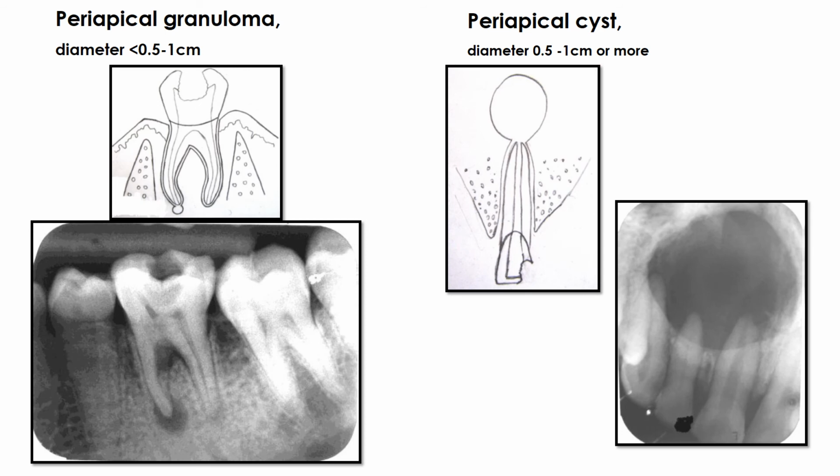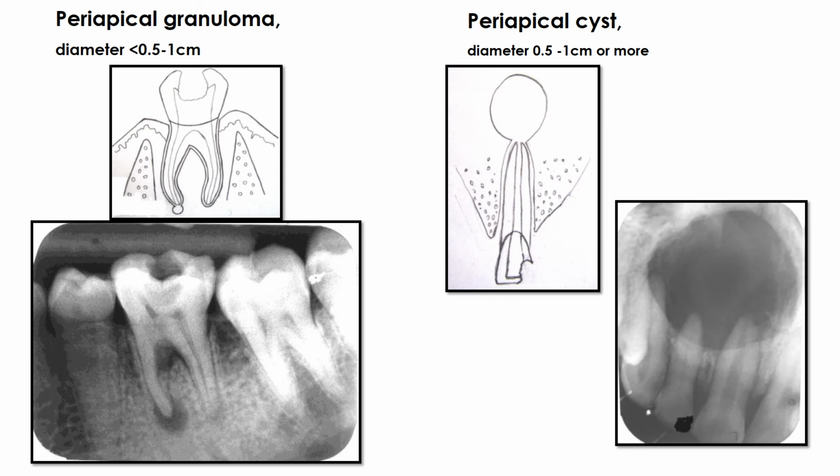So these are some radiographic appearances to help you understand that a granuloma is a very common periapical pathology, a well defined small radiolucency, less than 0.5 centimeters in size, attached to the apical region or the root of the tooth. Generally the lamina dura and periodontal ligament space are lost and there is soft tissue granulation tissue, which is why it's called a granuloma.